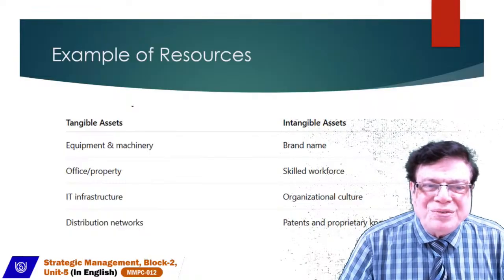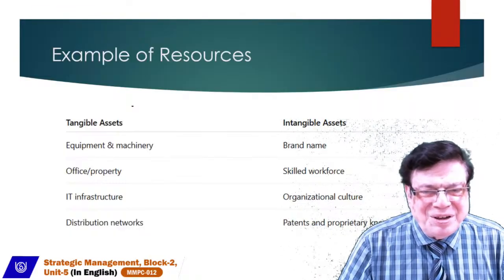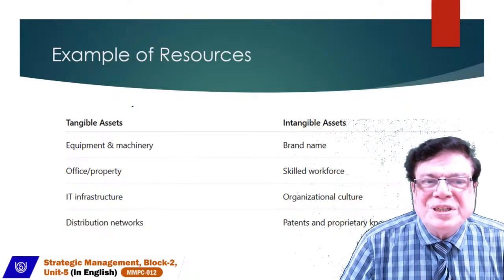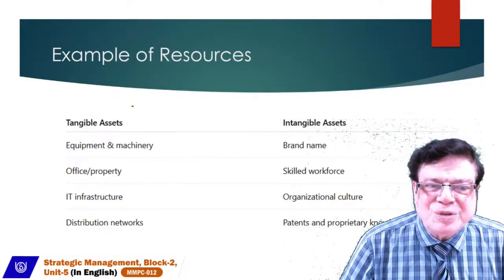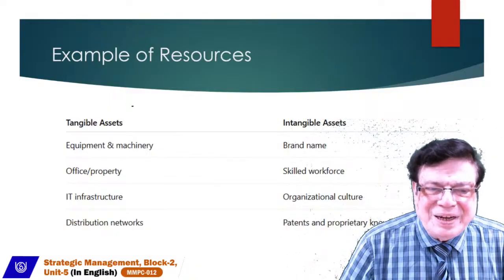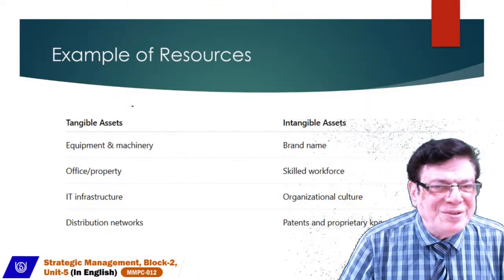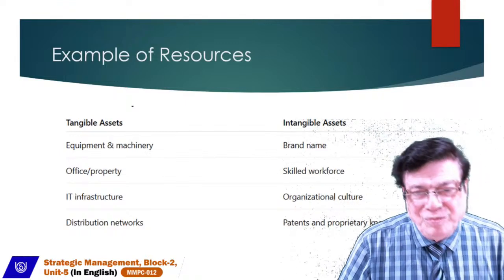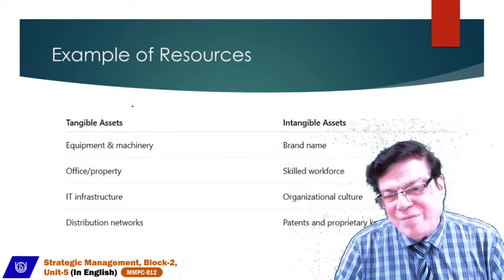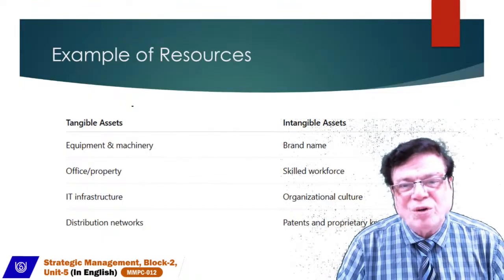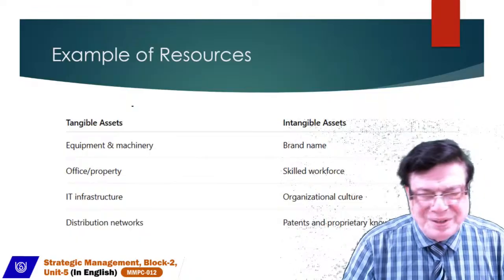It can be sold immediately and we will get money. Then information technology infrastructure is also a tangible asset. Then distribution networks are also tangible assets. Now intangible assets are brand name, skilled workforce, organization culture, patents and proprietary knowledge. For these also, we get money.